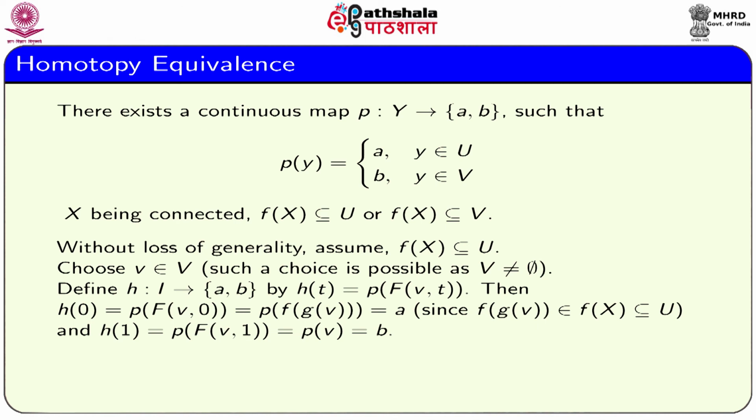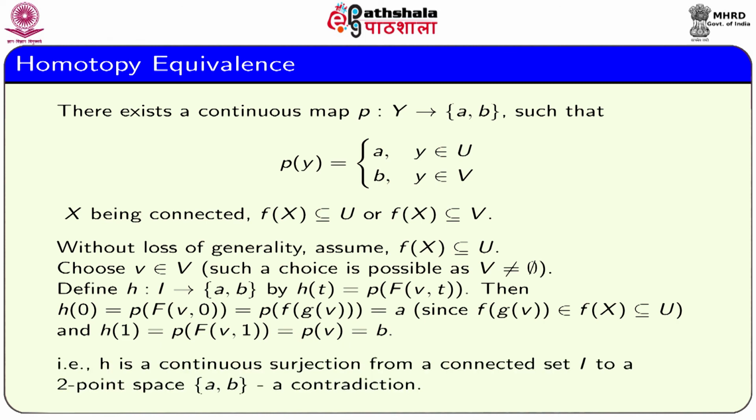Define a function h from I to {a,b} by h(t) equal to p of F(v,t). Then h(0) is a and h(1) is b.